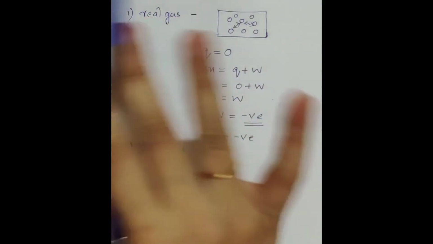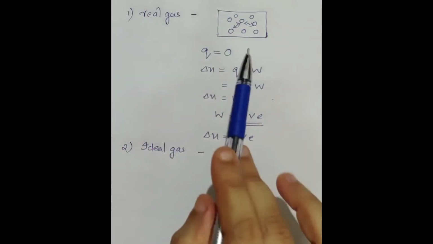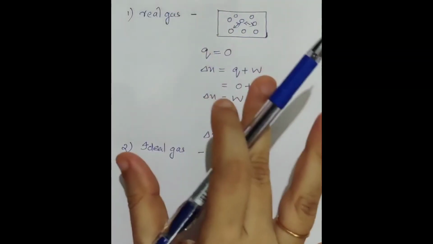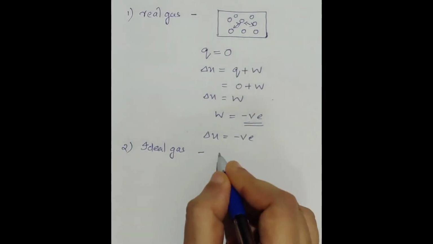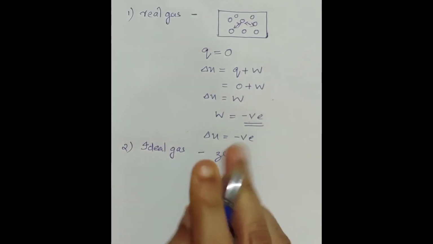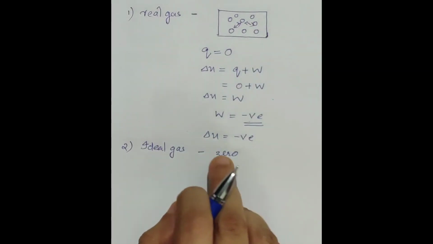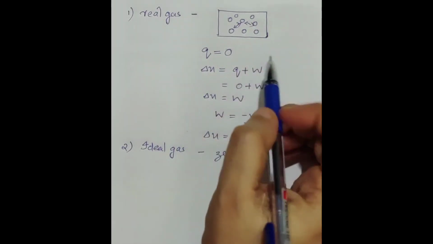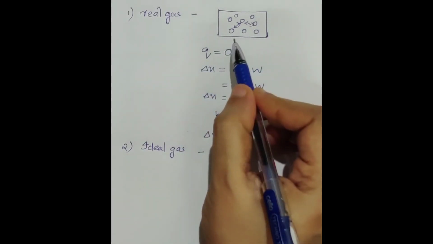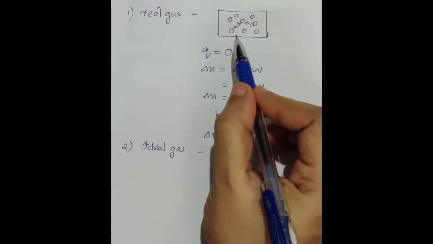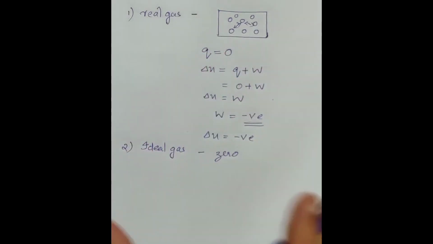So the Joule-Thomson effect for an ideal gas is 0. We are explaining why this is 0. There is no intermolecular attraction between the gaseous molecules, so no work is done during expansion. Hence, the Joule-Thomson effect for an ideal gas is 0.